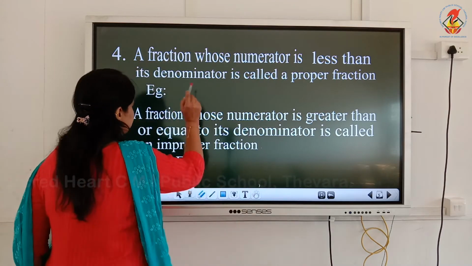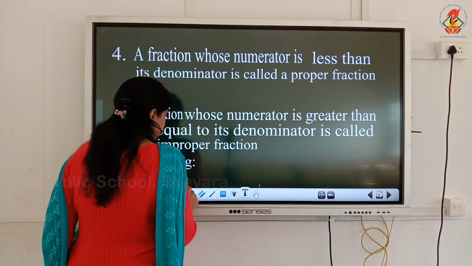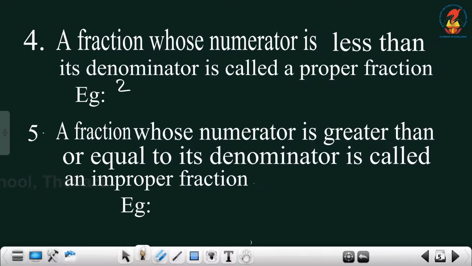I will give you some examples. 2 by 5. See this, numerator is less than the denominator. That is called a proper fraction only, right? And 3 by 8. Numerator is 3 and denominator is 8. Is it clear?